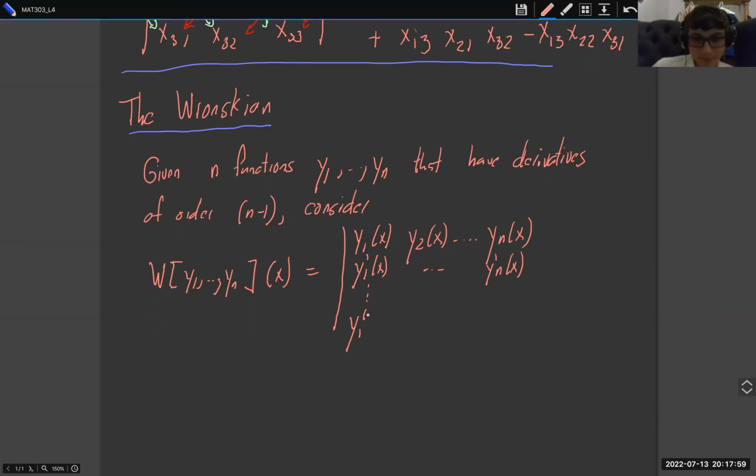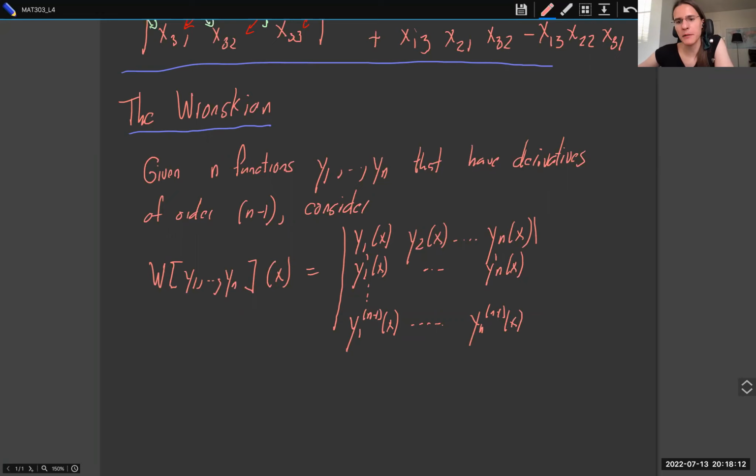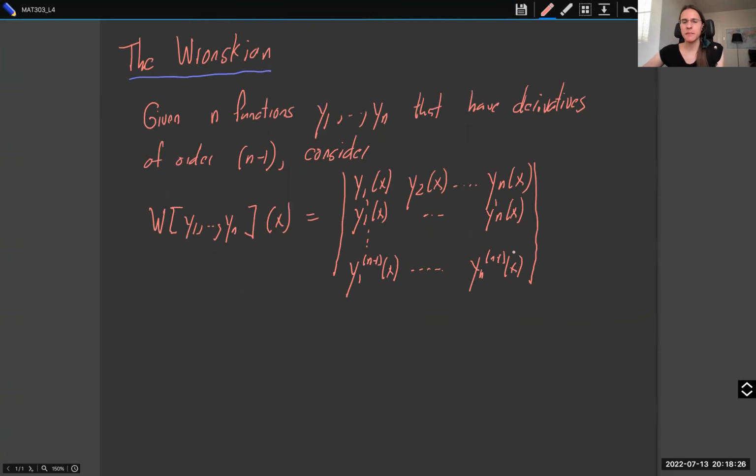N minus 1. Yeah, because I start off at 0, and I want n things. So at x, I get a bunch of numbers. I get the values of all of the functions, and I get the values of all of the derivatives, and then the values of all the derivatives up to n minus 1. Then I put that into a big table, and then I take the determinant of that. And so that's going to be a function of x, right?